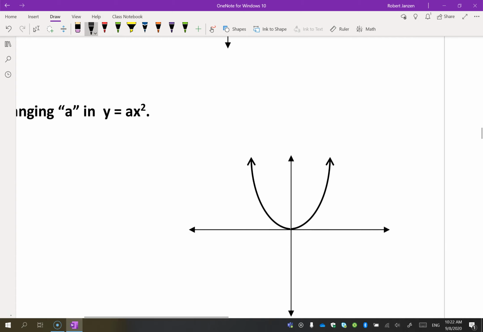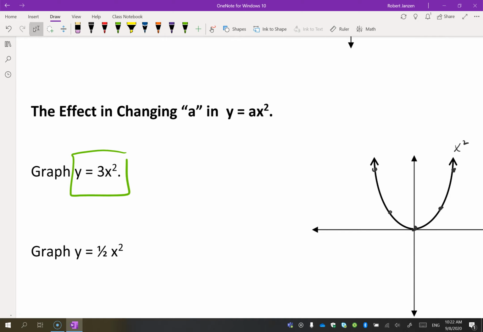Okay, this is x squared. Again, you already know what these points are, so I'm not going to label them because it'll get a little bit messy otherwise. But how does it change if I put a 3 in front?